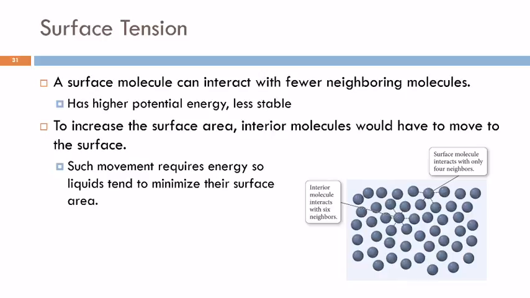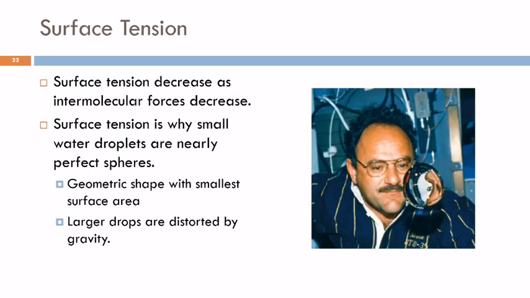To increase the surface area, you would have to move the molecules apart. Just think about trying to put something into the water: to increase the surface area, you're going to have to break intermolecular attractions, and that requires energy. We see that the surface tension is smaller for smaller intermolecular forces and greater for greater intermolecular forces.